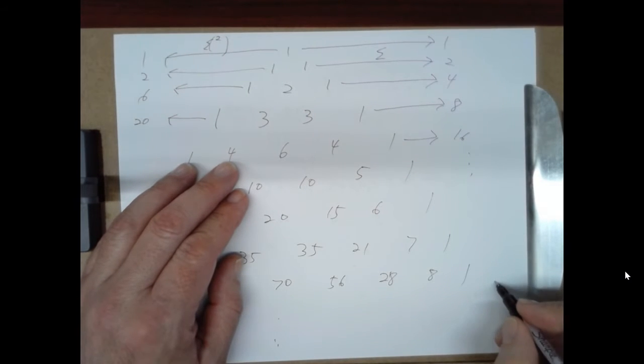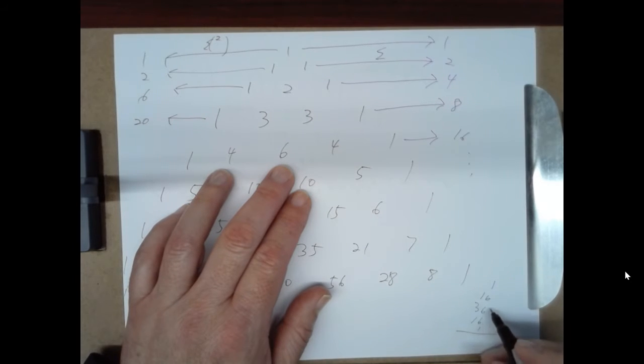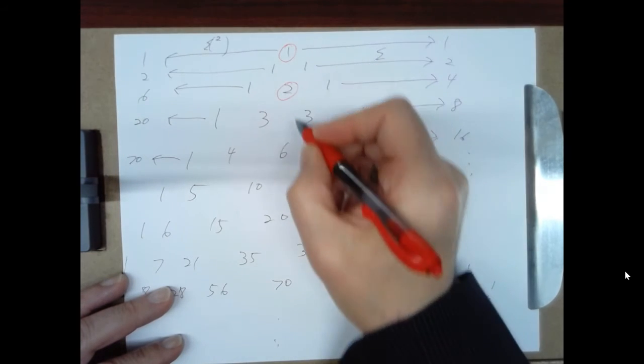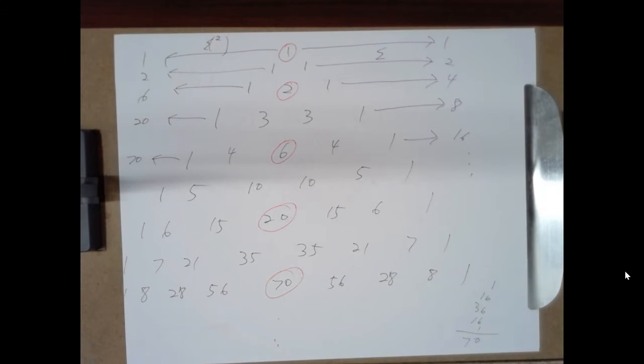So 1 and 16 and 36 and 16 and 1, that's 70. Well, there's our 1, there's our 2, there's our 6, there's our 20, there's our 70. So the sum of the squares of the numbers on each row is equal to the middle element on row 2n, the row that's twice as far down if we start numbering from 0. And that's potentially kind of cool.